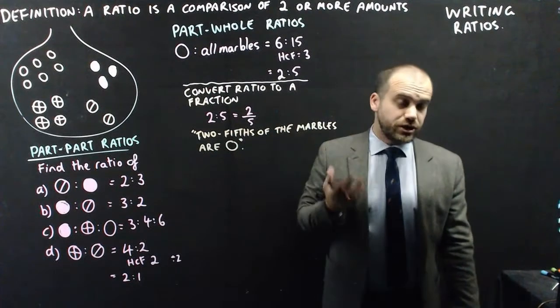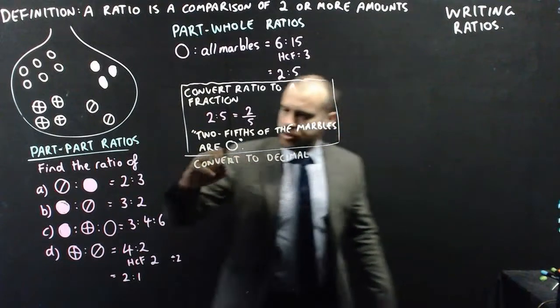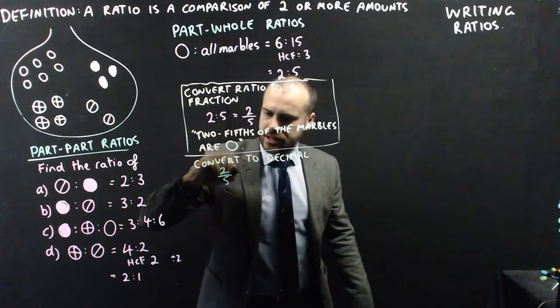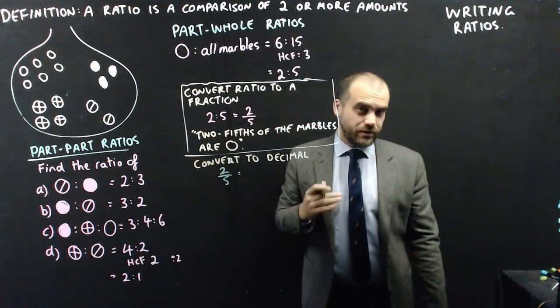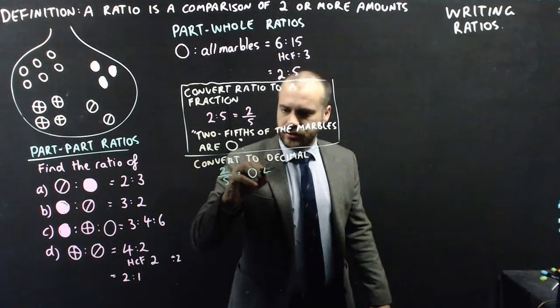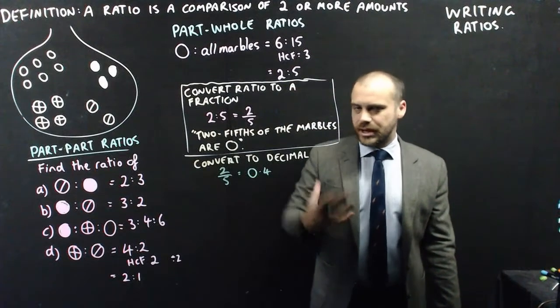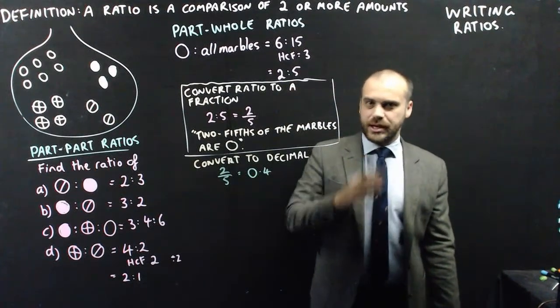Now, if you can do a fraction, you can do a decimal, you can do a percentage. So if you'd like to convert 2/5 to a decimal, you can just type 2 divided by 5 into your calculator and you'll get 0.4. Now, 0.4 doesn't mean a lot to me as a decimal, but it would mean quite a bit as a percentage.